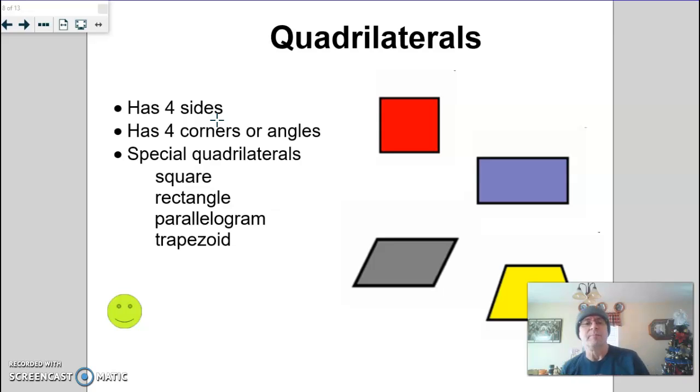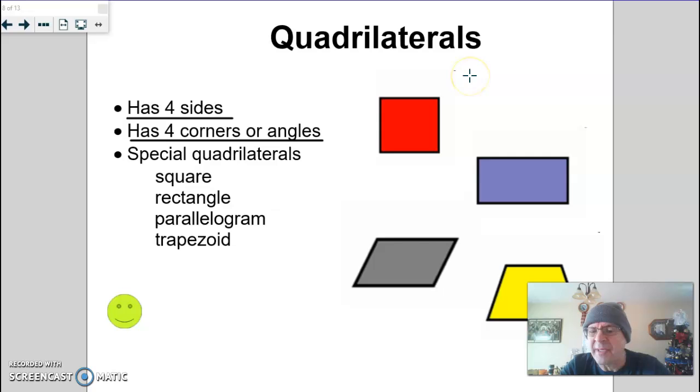Now here's a tricky one. Quadrilateral. There's different kinds of quadrilaterals. Okay? We're going to stop here today. We're going to call a quadrilateral four sides. It has four sides, right? And it has four corners, all right?